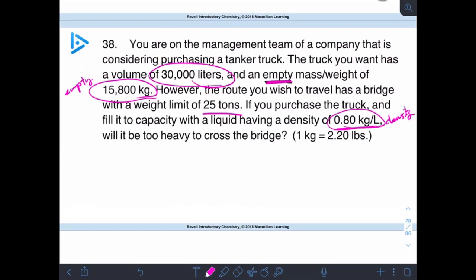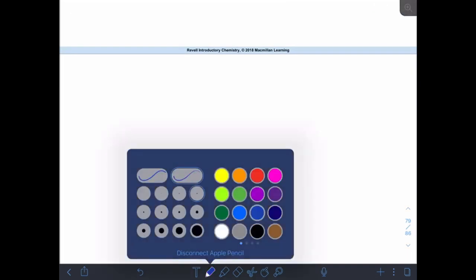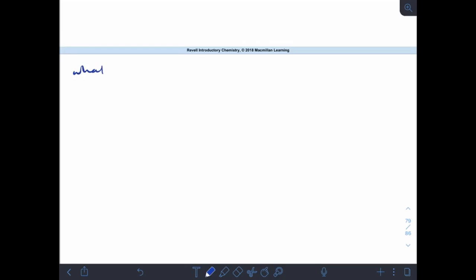So I'm going to scroll down to a full open page because there's a fair amount to do with this problem. The first question we have is, what is the weight of 30,000 liters? That's the volume of the truck.